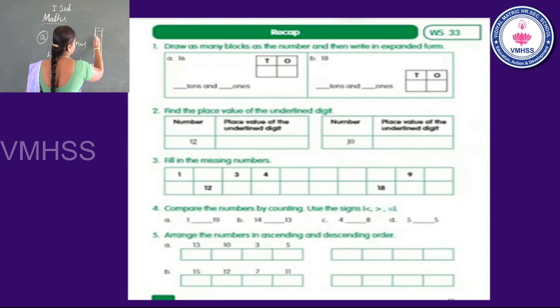1, 2, 3, 4, 5, 6, 7, 8, 9, 10. Okay? 10 blocks is 1 ten. 6 is the ones place.